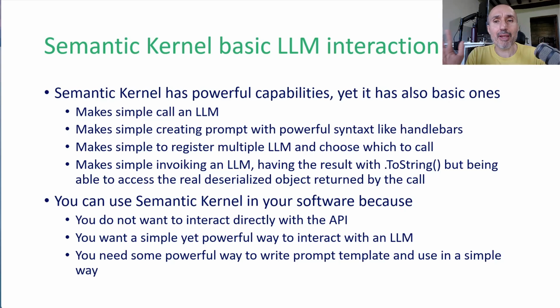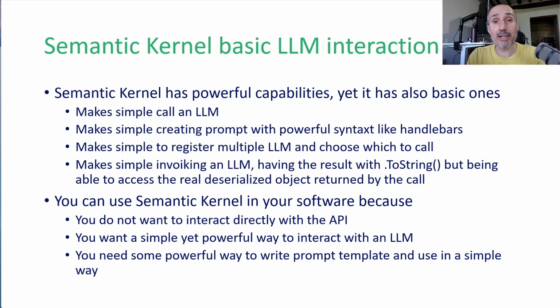You should use Semantic Kernel if you do not want to directly interact with the API. And as a bonus, if you are interacting with the large language model through an API and that API changes, you need to change your code. With a very basic interaction, Semantic Kernel abstracts this for you.